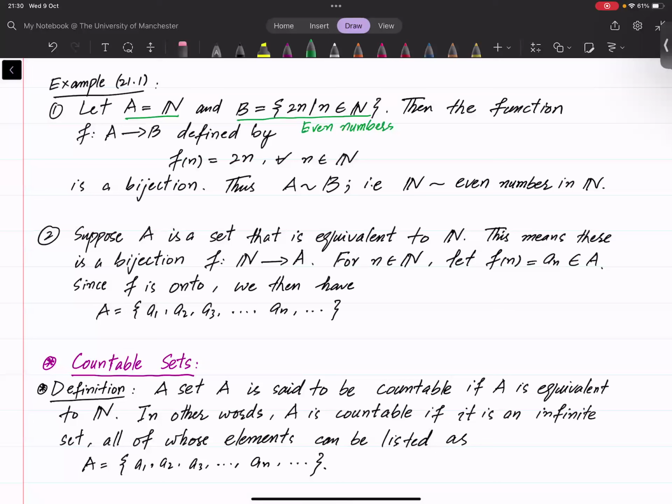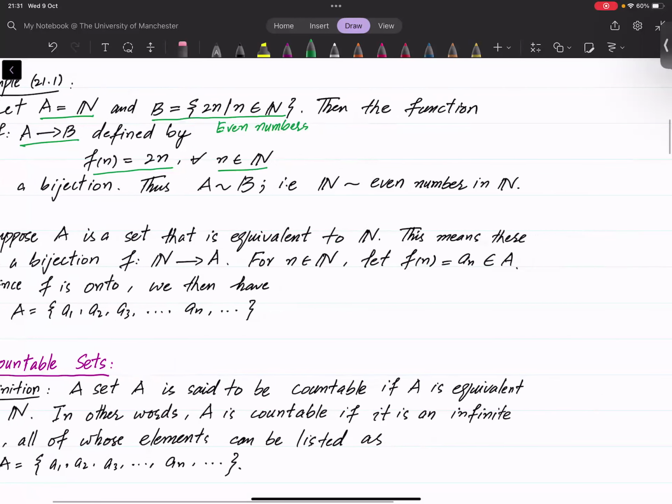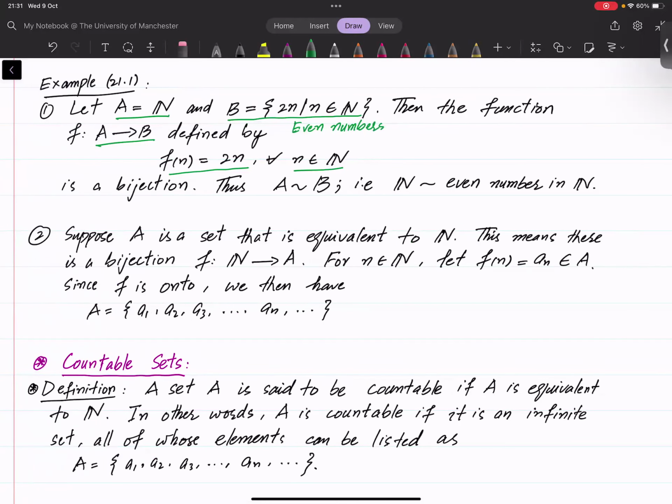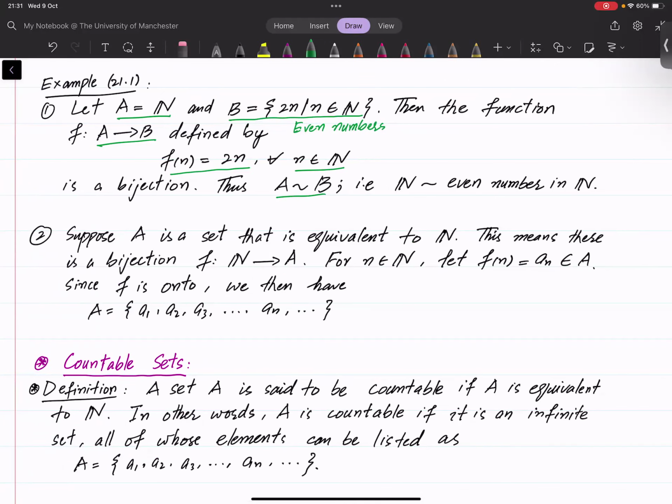Then the function from set A to B defined by f of n equals 2n for all n in the natural numbers is a function which sends all the natural numbers to the even numbers, and it is a bijection. Thus we can say that A is related to B, which means the natural numbers are in an equivalence relation with the even numbers. Perfect.